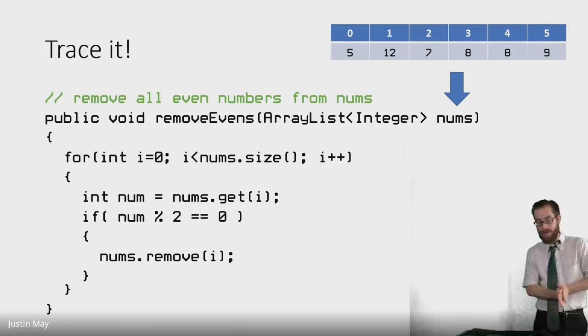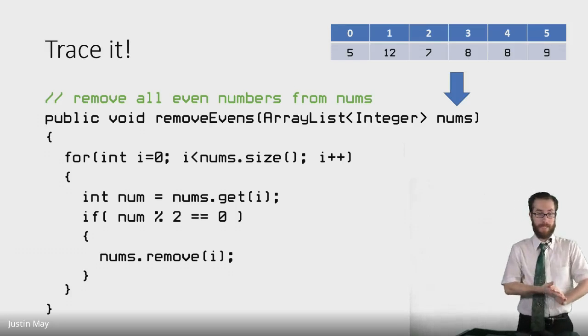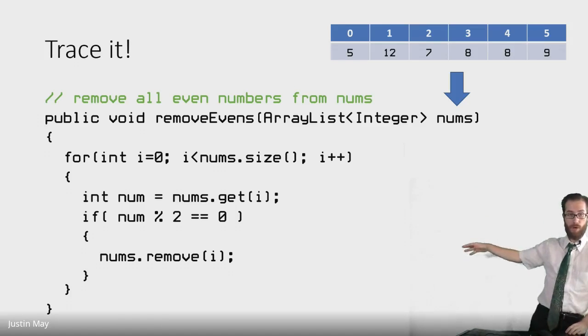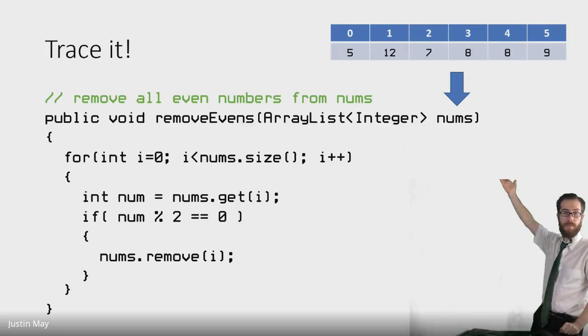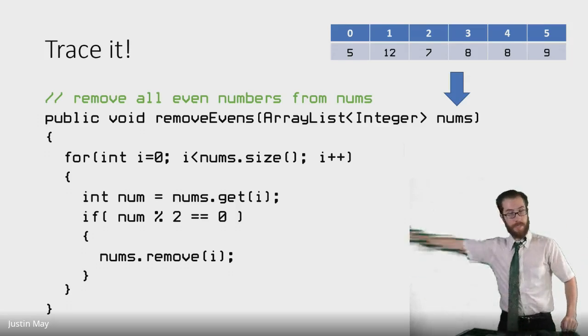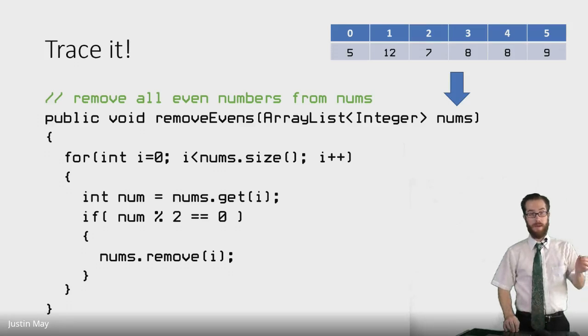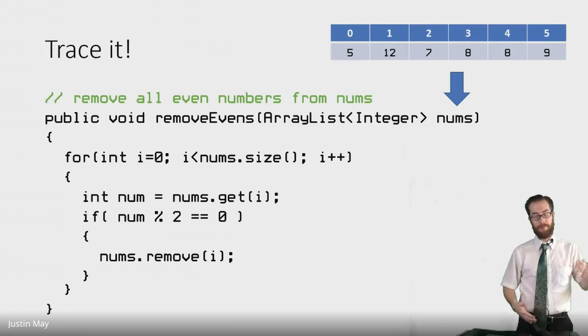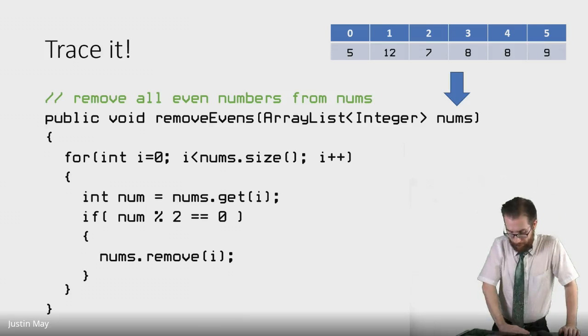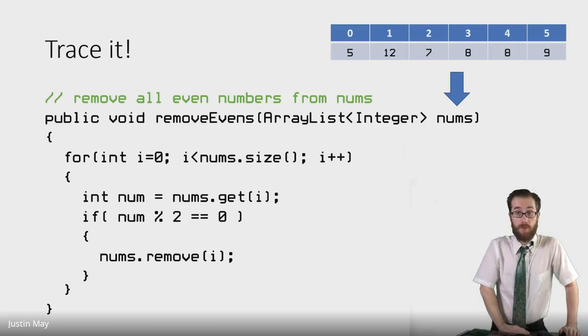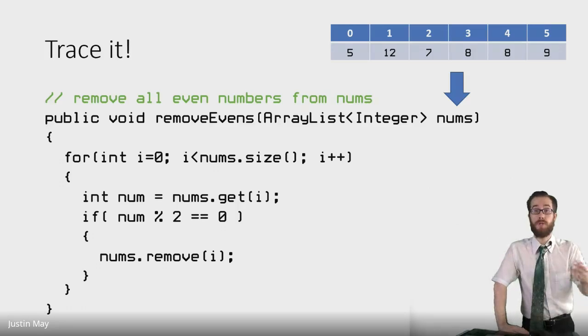So I want you to trace this, just like we've practiced before, tracing loops and tracing code. Use this example list, with the values 5, 12, 7, 8, 8, 9. You're going to trace this code and find out what the list looks like after this code is run, where we are removing all evens. And remember, don't trace this intuitively and just do what you think it's supposed to do.